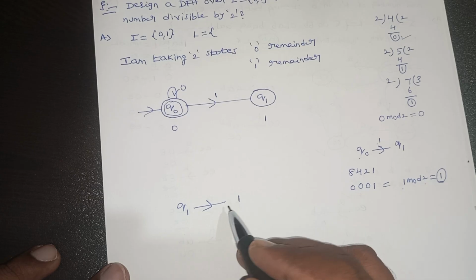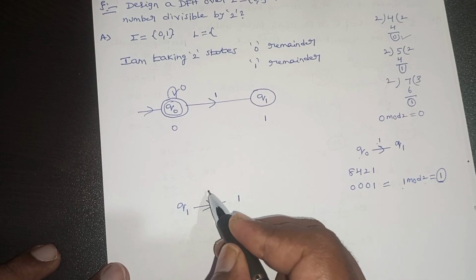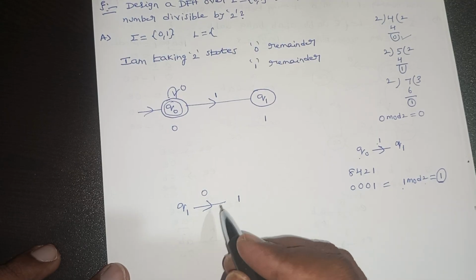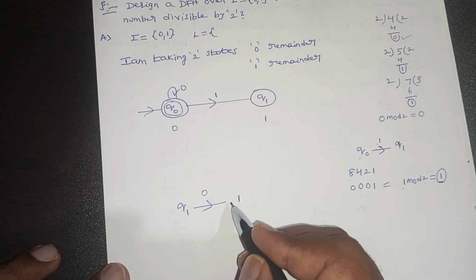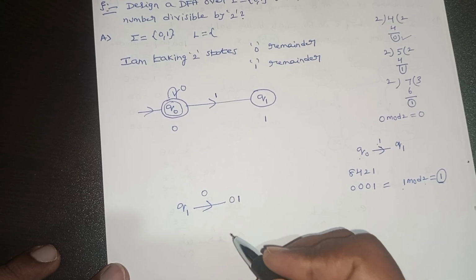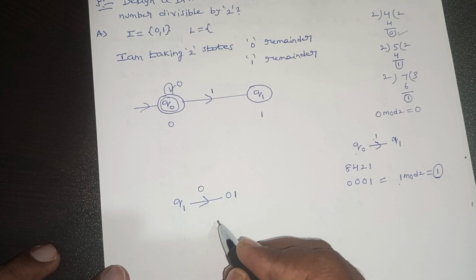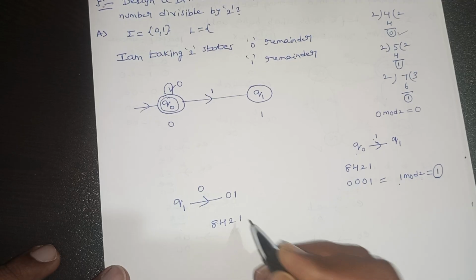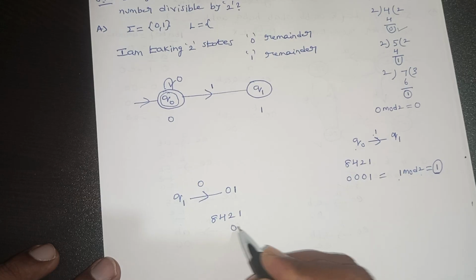Now you see q1 on 0. Okay, so q1 on 0, you write here. One second, I will check it. Then you write like this. 8 4 2 1. One minute. So I am writing 0 1.